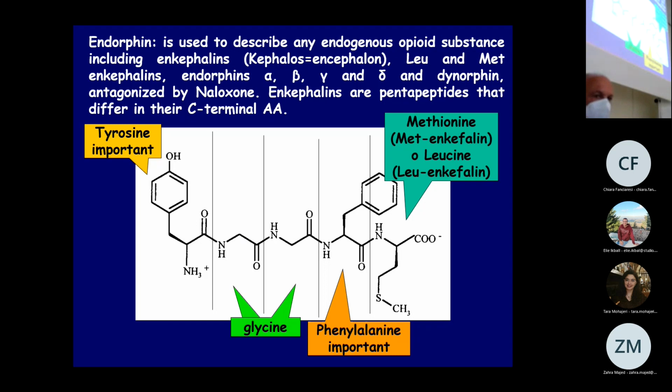So very, very simple. So tyrosine, glycine, and then another aromatic amino acid, phenylalanine. Very similar to tyrosine, but without any phenolic OH. Same chemical structure, but no OH group on the ring. And then the last amino acids, methionine or leucine.